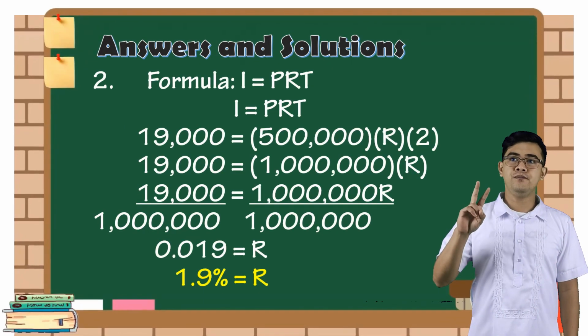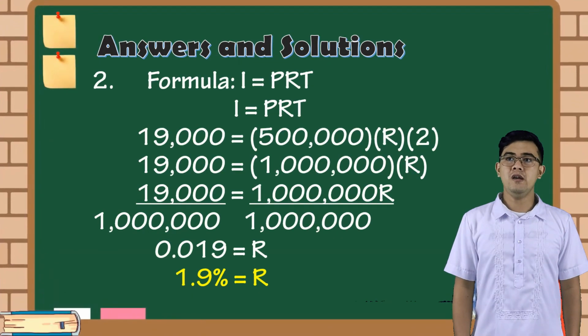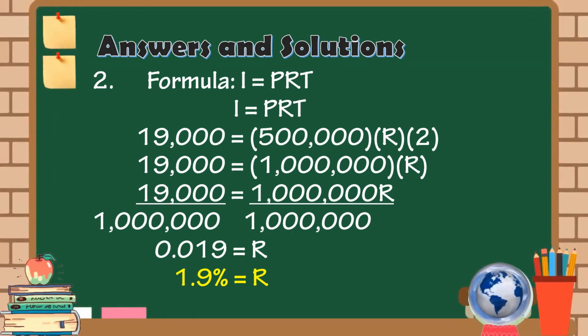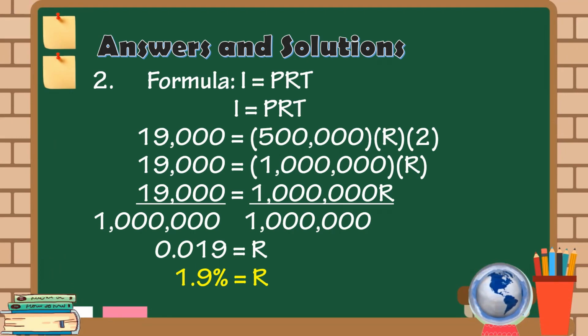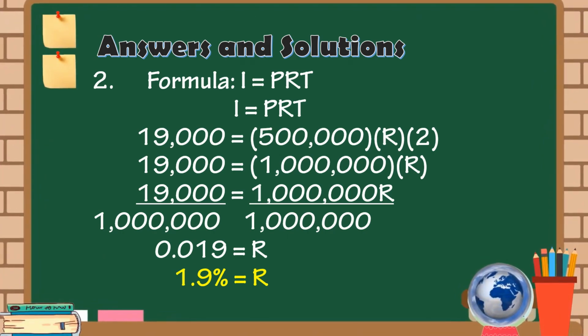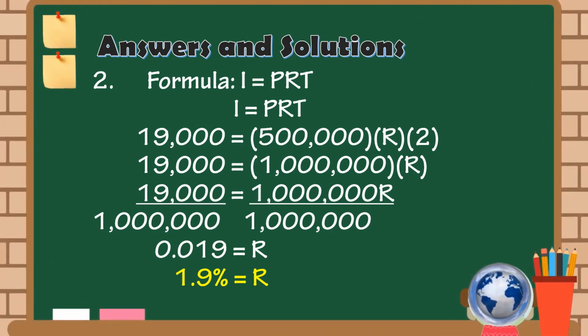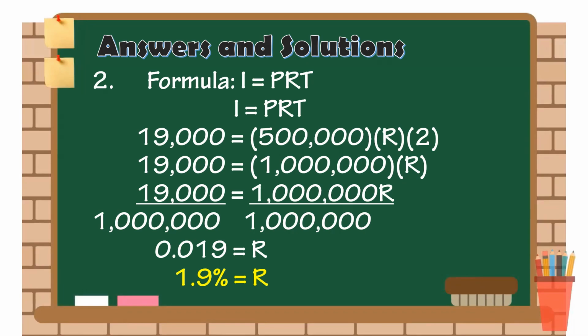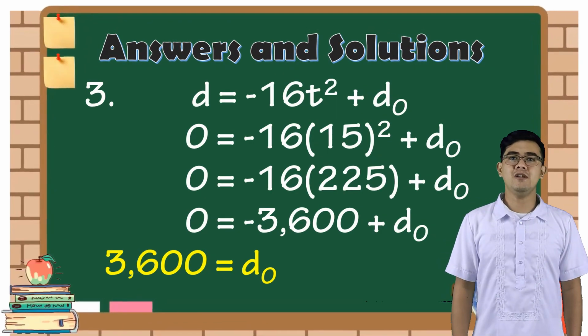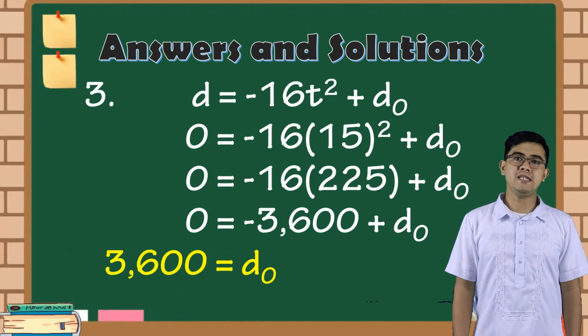Item number 2, the answer is r is equal to 1.9. Item number 3, the answer is 3,600.